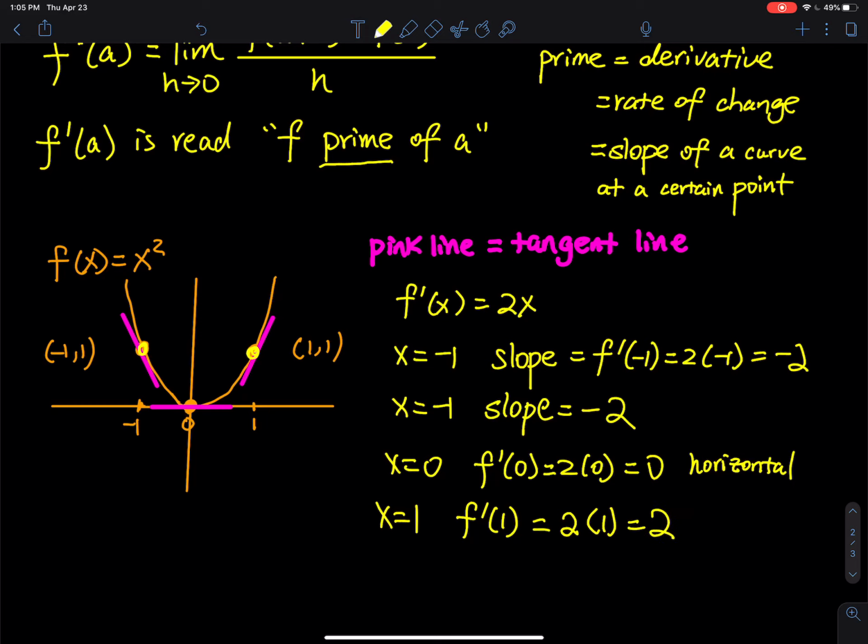Positive means the line is increasing. Yes, this line is increasing. So when x is equal to 1, the slope of the parabola is equal to 2, because that slope is the same as the slope of the tangent line at that point. So that is the basic concept of derivatives, rate of change, and the limit. In the next section, I will show you a couple more examples.